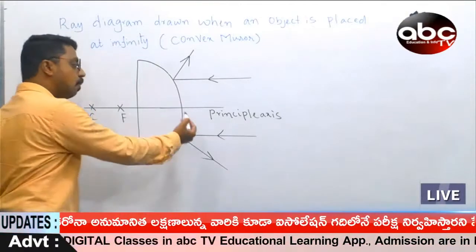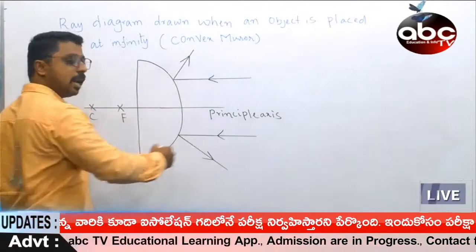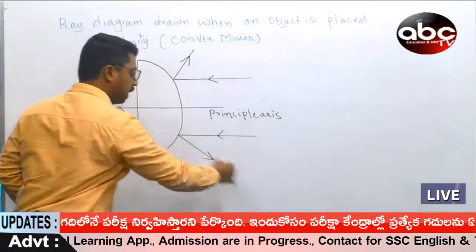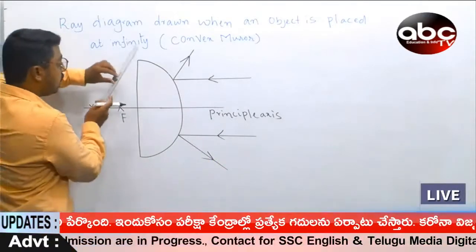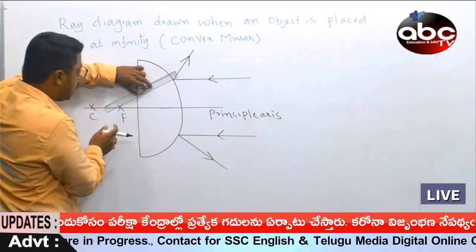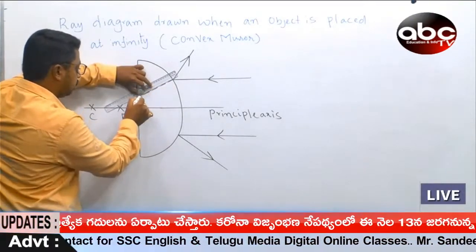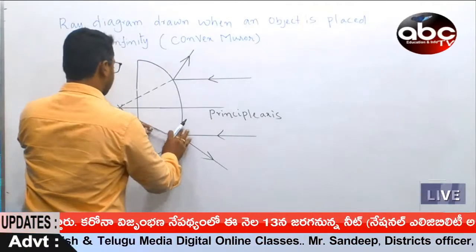Whereas if you want to form an image, let us take, are these parallel rays? No, one is upside, another one is downside. So let us try whether they can meet in case of a virtual image. Let us extend these rays.